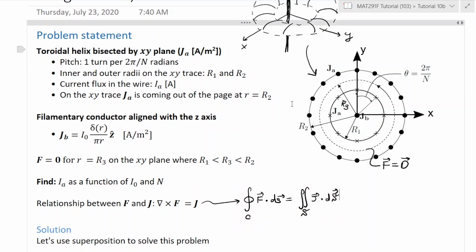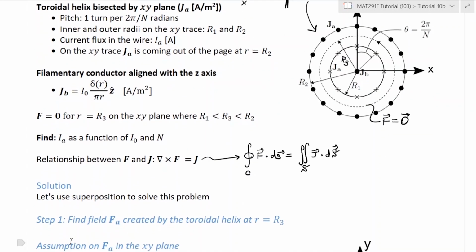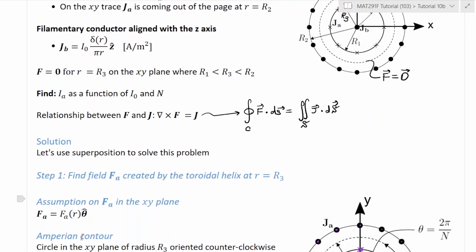Now there are two objects. They look quite different. So let's use superposition to solve the problem. Seems like a reasonable strategy. The first step then is going to be finding the field FA that's created by the toroidal helix at this location where we're looking for the field.